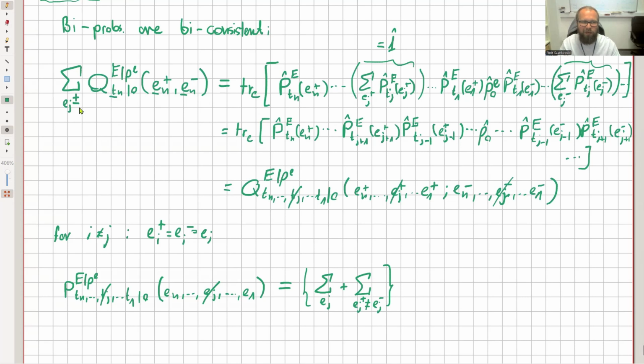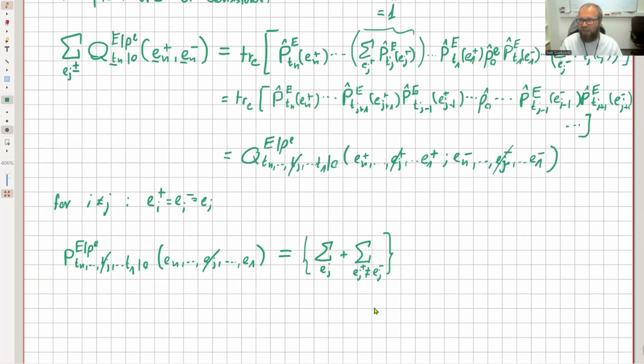So here you have independent sums over plus and minus. So I can take the part of the sum where the plus and minus are equal, the diagonal part of the sum, this is it. And then what I'm left with is a sum where they are unequal. So this is what this other term represents.